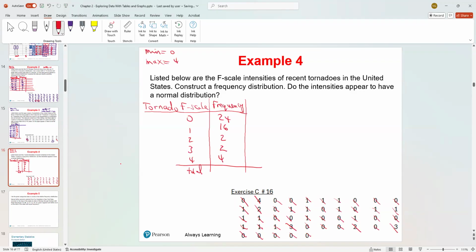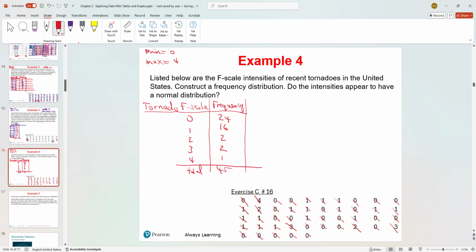Hopefully this helps. Oh, sorry, it's only one. I put 4. It's only one because the total would be 45 as you count all of them.